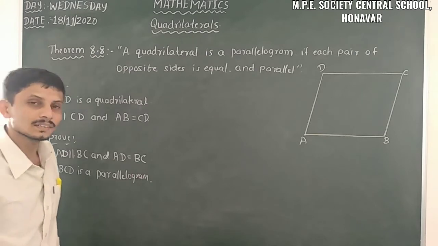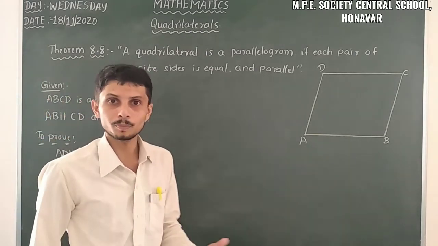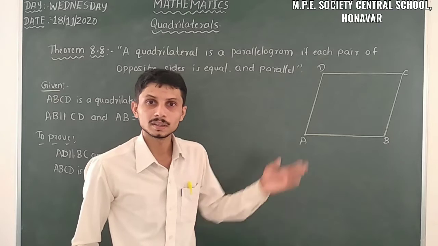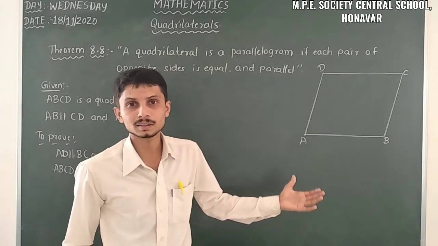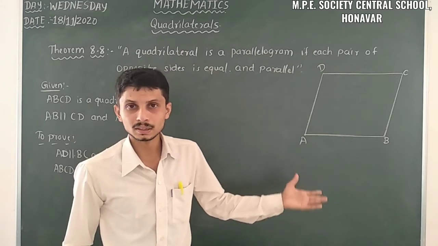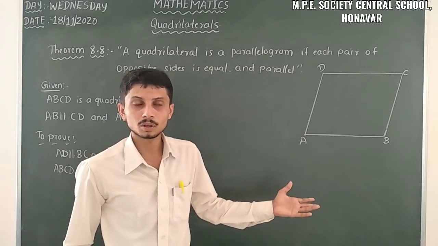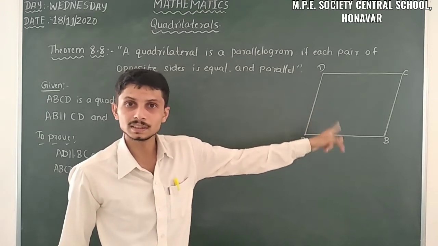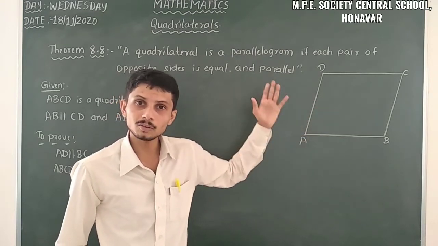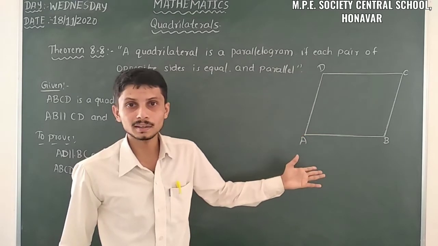Then whether we need any construction here, obviously we need a construction, because there are no triangles here. We want triangles to use some of the congruence rules, because we have to equate AB equal to CD and BC. So for that we have to take a diagonal here.